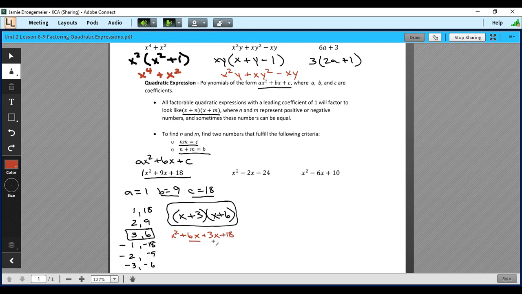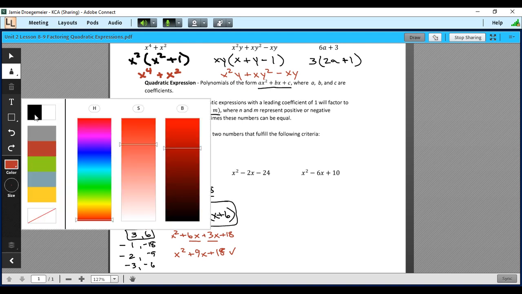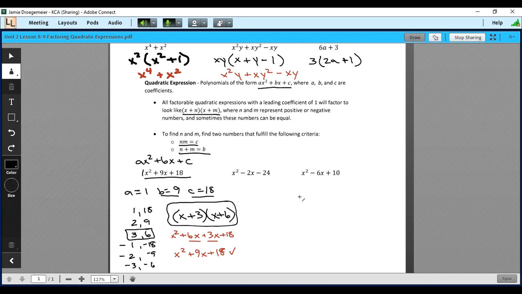Then we combine our like terms in the middle, so x squared plus 9x plus 18. Notice that is what we started with up here. That was our original expression. So this is just checking our work that, yes, what we came up with for our factored form is correct. All right, so let's try that again with our second example.